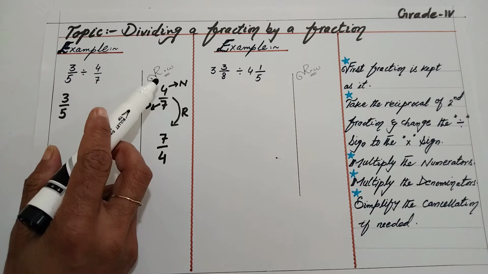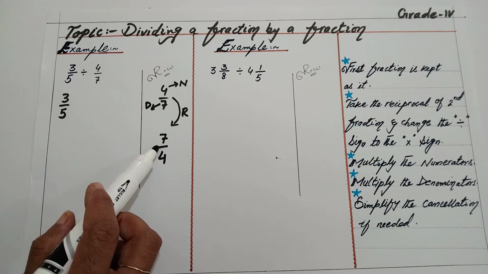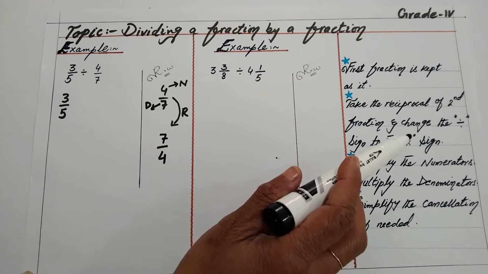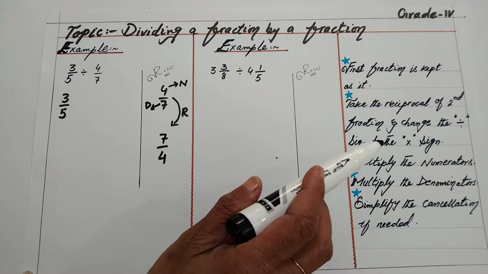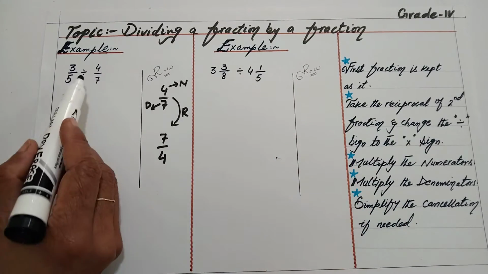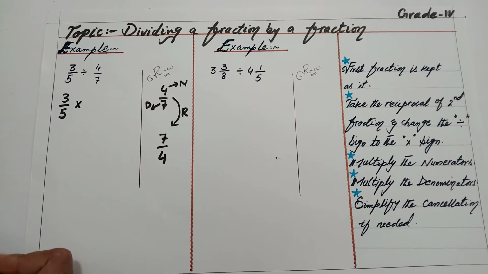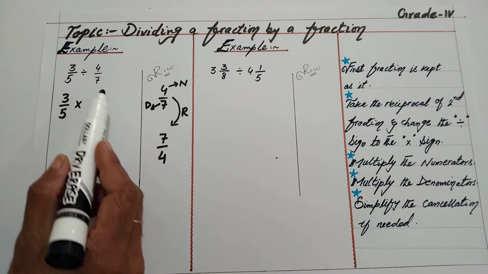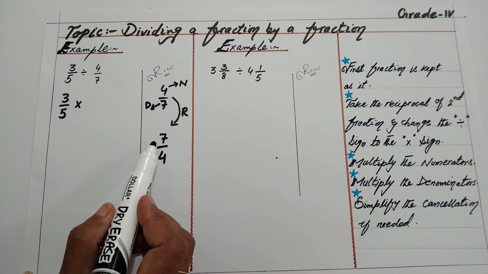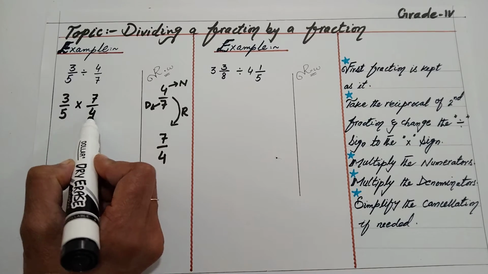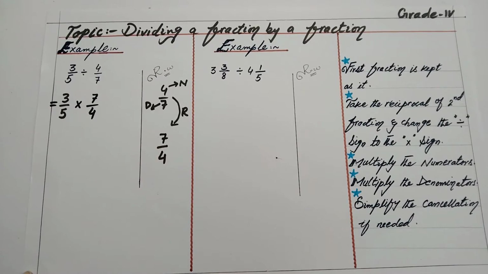So the reciprocal of 4 by 7 is 7 by 4. Along with this, change the division sign to the multiplication sign and then write the reciprocal of the second fraction, which is 7 over 4.